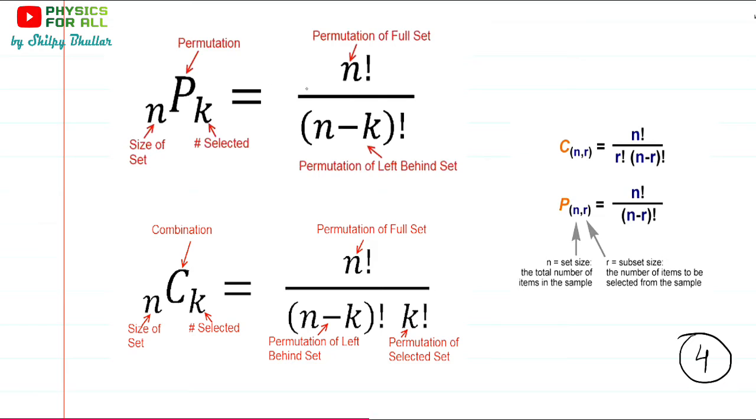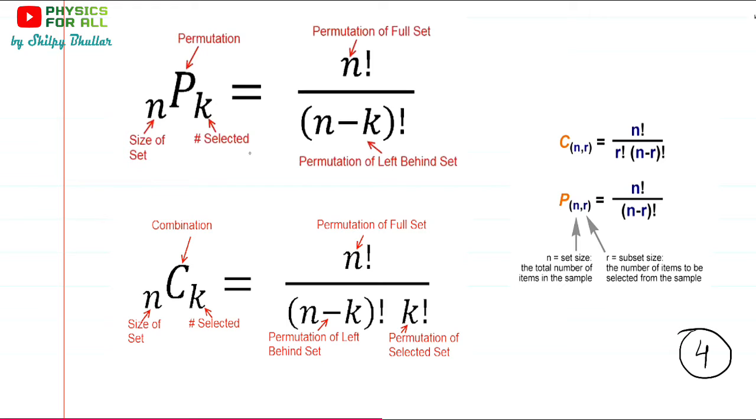So this is n factorial upon n minus k factorial. That means there were total n and you are picking k out of them. Whatever is left behind would come in the denominator and you have to take the factorial of that.